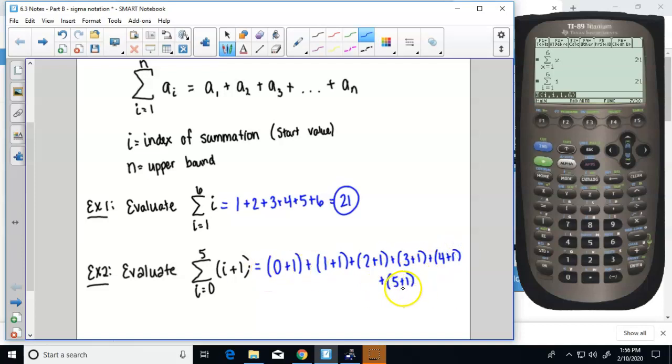If you look at it, that is actually 1 plus 2 plus 3 plus 4 plus 5 plus 6, which we just did, which is 21.